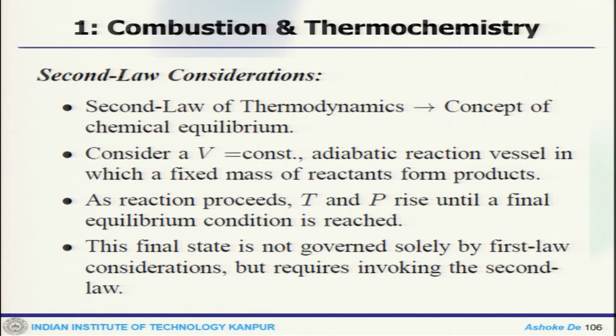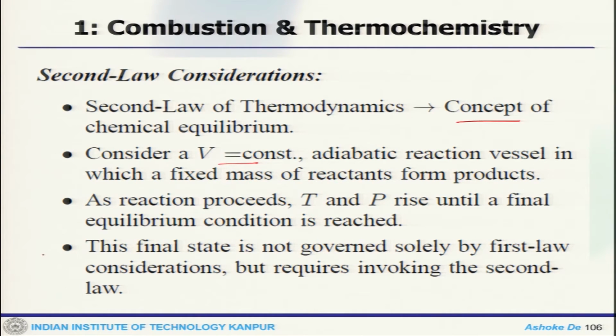Now, we get to the second law consideration. The second law of thermodynamics actually gives you the idea of equilibrium. For example, consider a constant volume adiabatic reaction vessel in which a fixed mass of reactants form products.